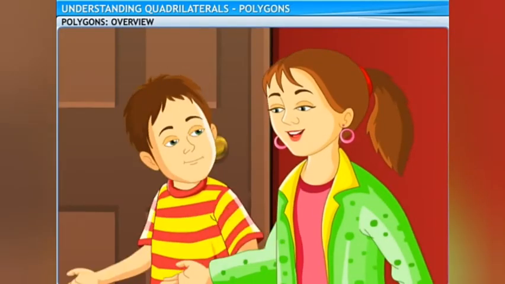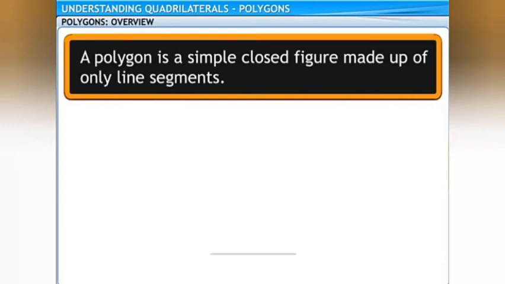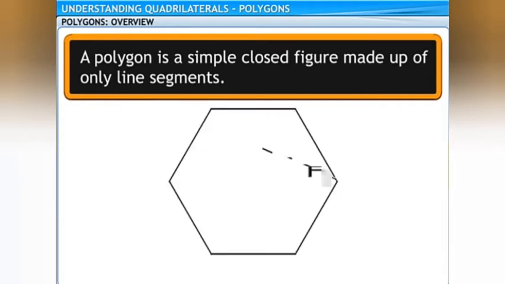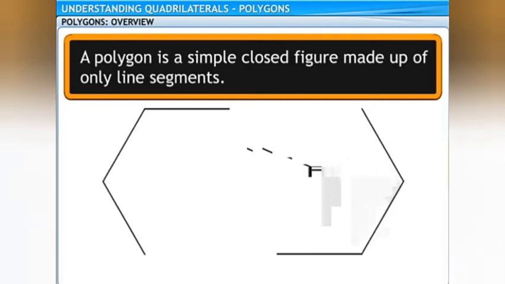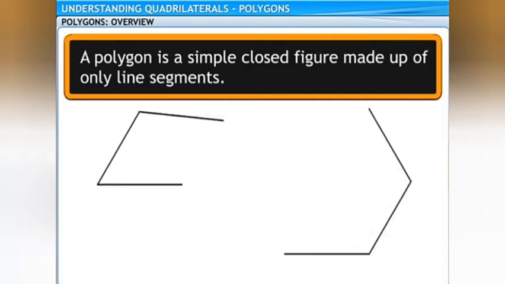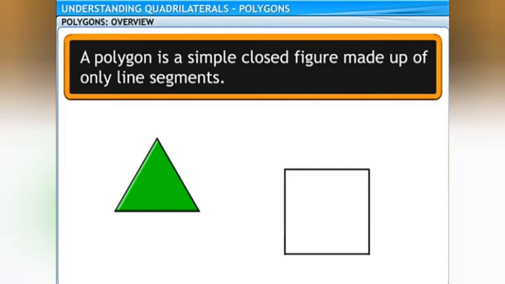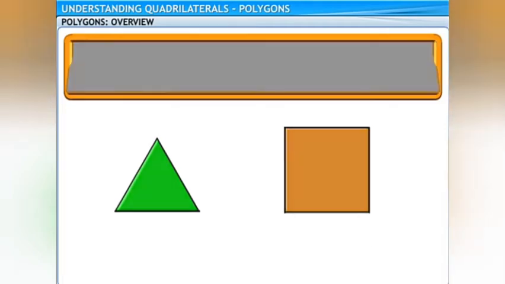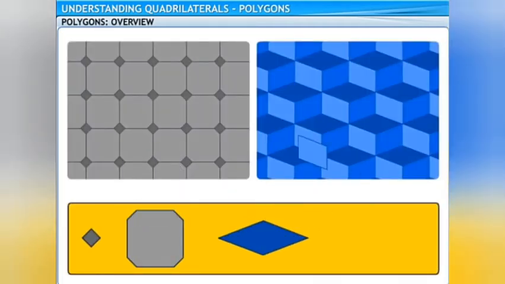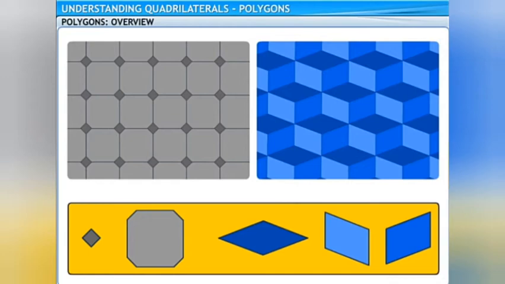Polygons? What are they? A polygon is a simple closed figure made up of only line segments. Some polygons you already know are a triangle and a square. You can see that the floor designs are made up of quadrilaterals and octagons.